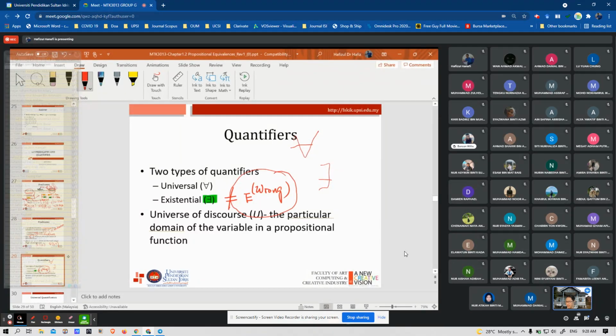Here we have the subset. This one is for all. For some, here we have the existential quantifier. This one, for all of these, we name it the universe of discourse.